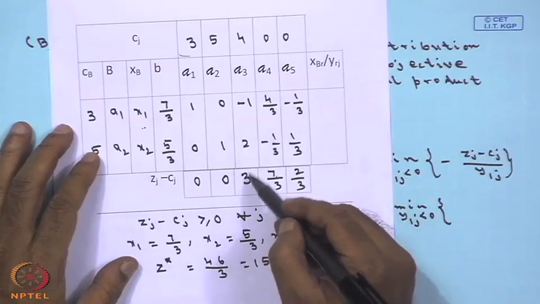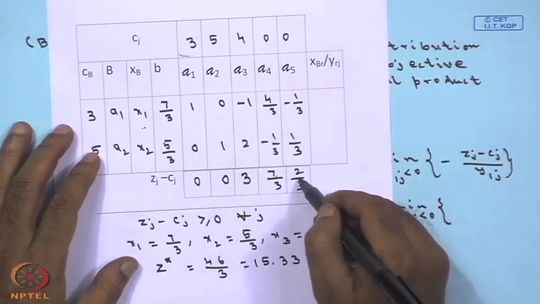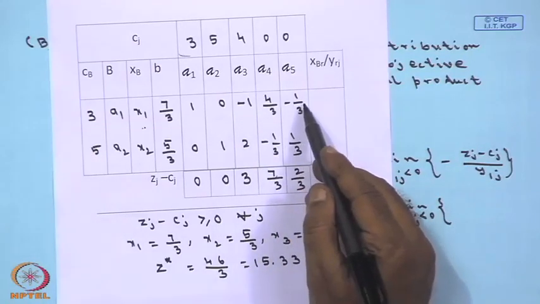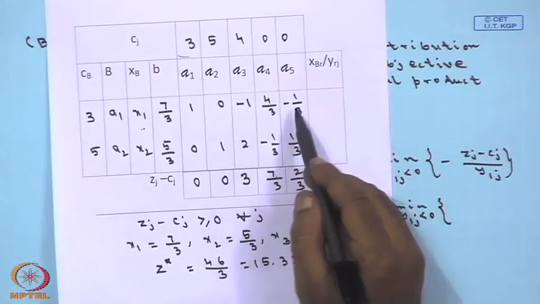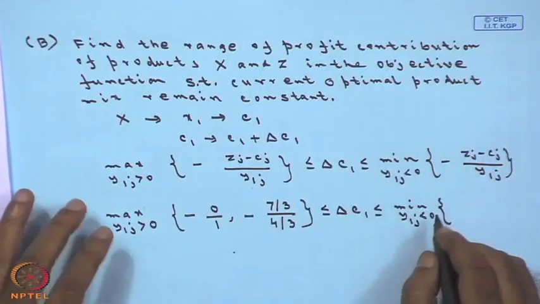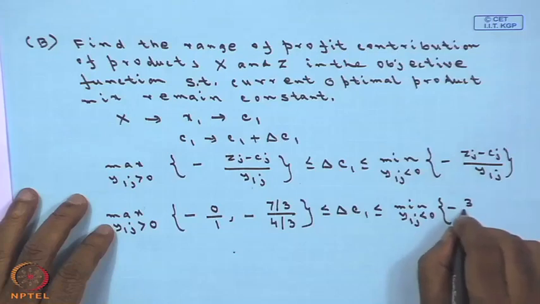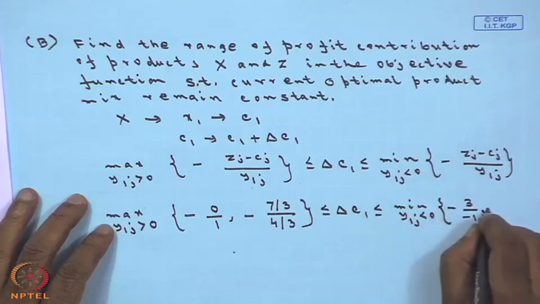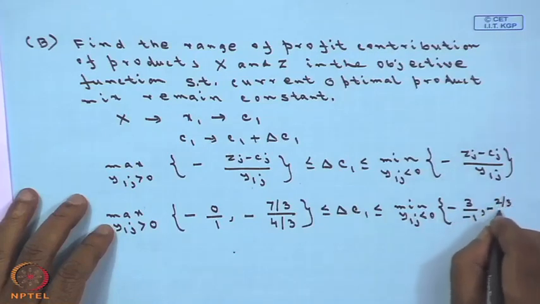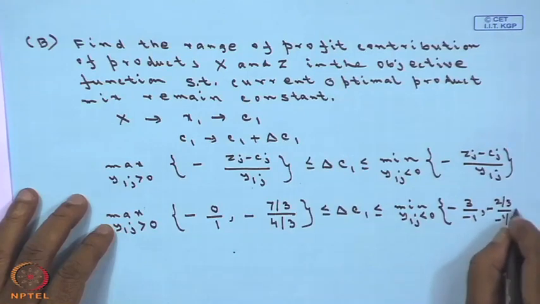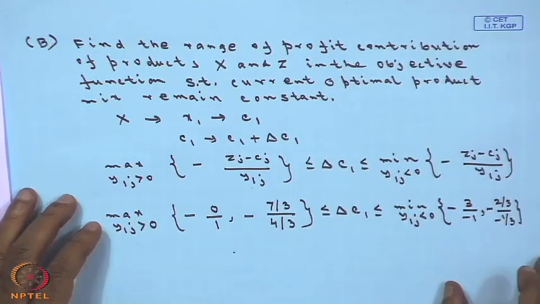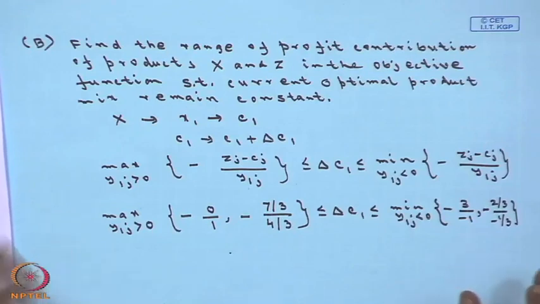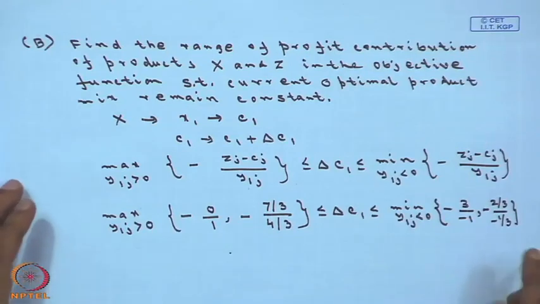One will be 3 by minus 1, another will be 2 by 3 divided by minus 1 by 3, because here y 1 j is less than 0. So, one is minus 3 by minus 1, another is minus 2 by 3 by minus 1 by 3, okay, so 3 and 2. So, this is the range.